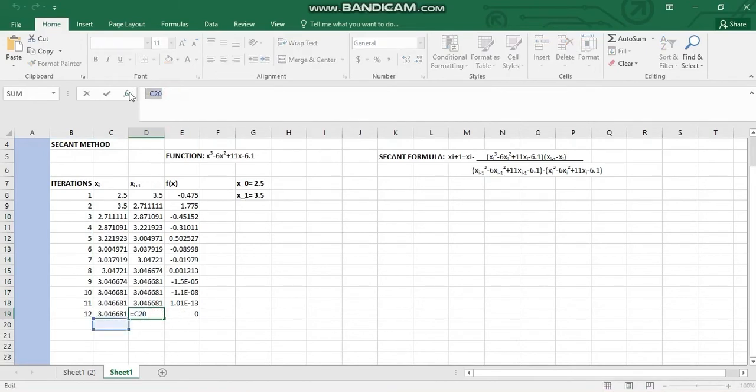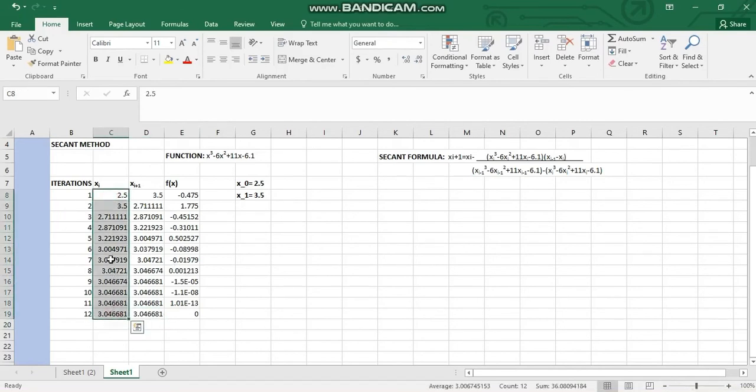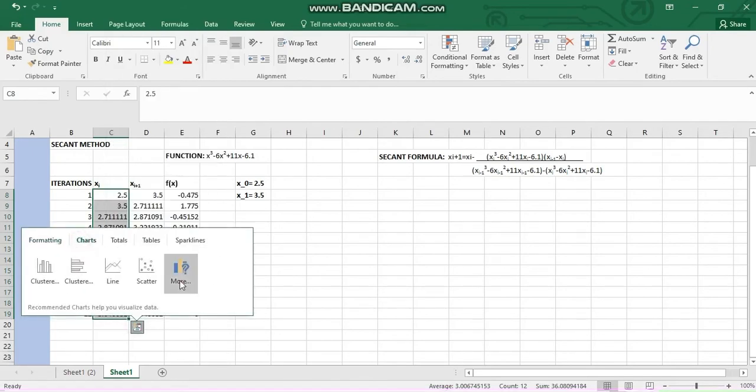Now we will change the value of the last iteration in xi plus 1, since this will be constantly 3.046681. Then now highlight the value to create a chart.